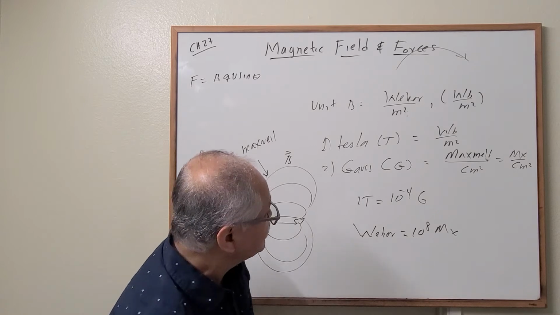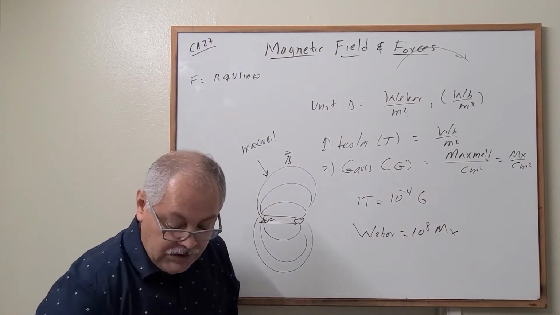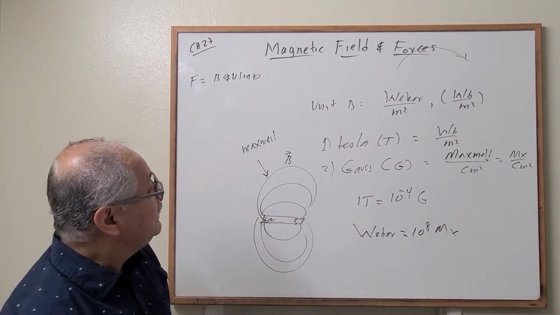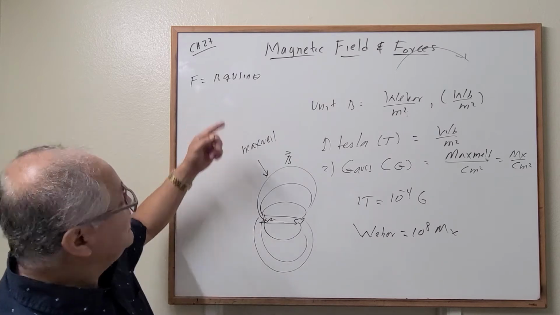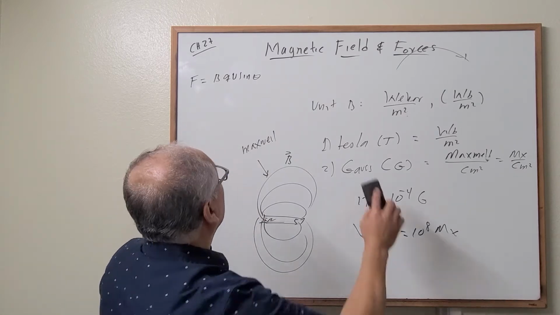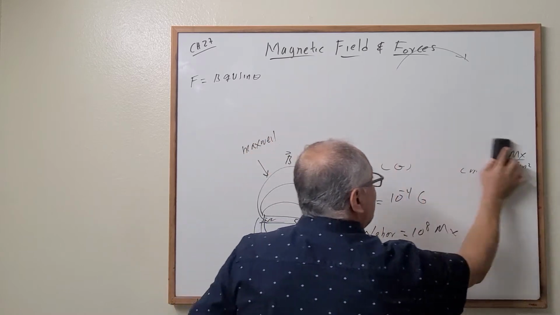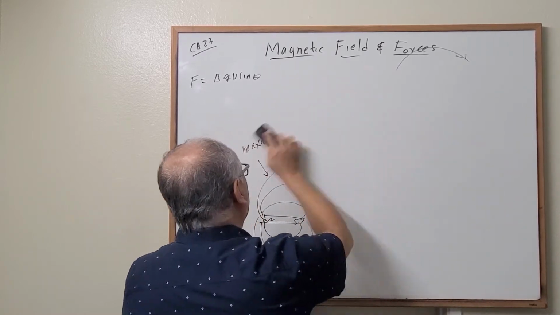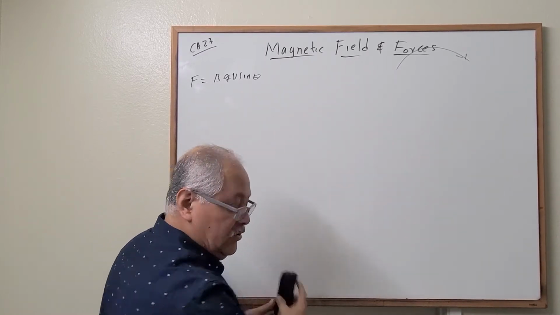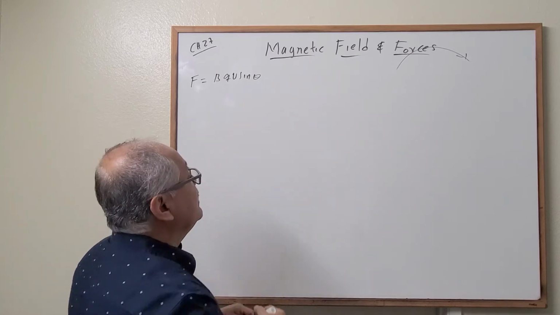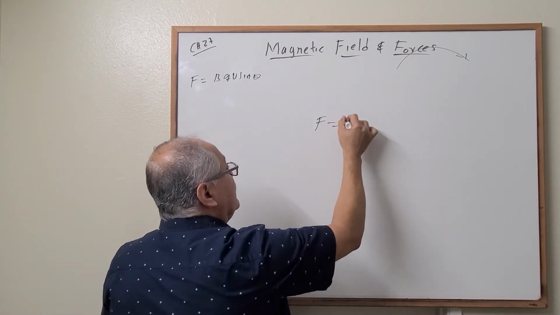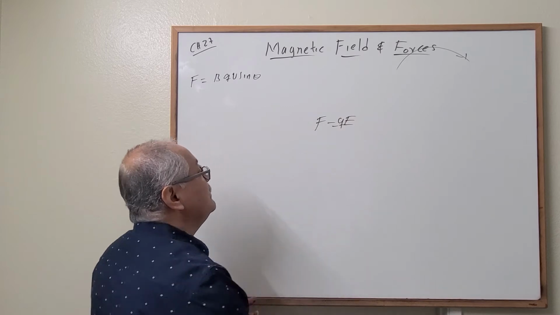Now let's go to the force. We found that this is the force that will happen if we also involve the electrostatic force. Remember the electrostatic force equals electric field times the charge.